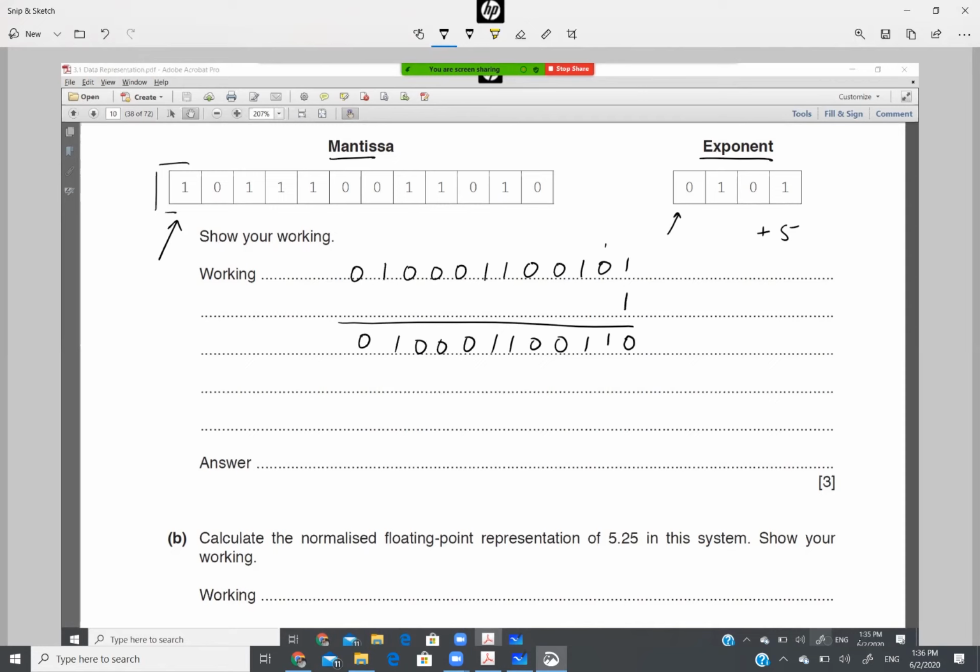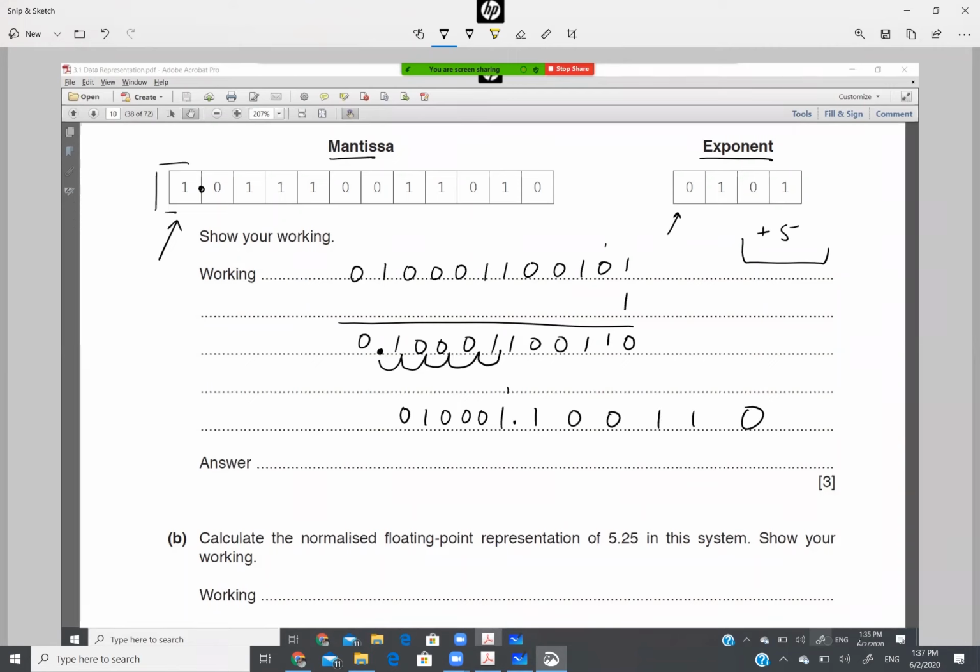We always know that the decimal portion resides there, by default. Now we apply the exponent. It's plus 5: 1, 2, 3, 4, 5. So it will become 0, 1, 0, 0, 0, 1.1, 0, 0, 1, 1, 0.